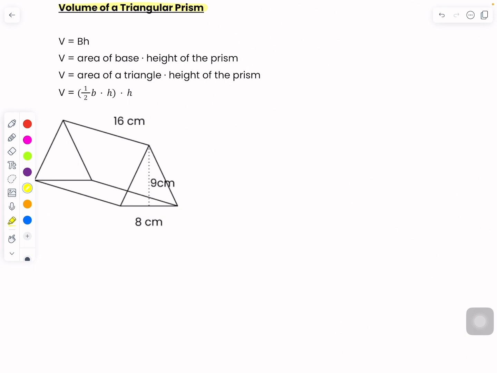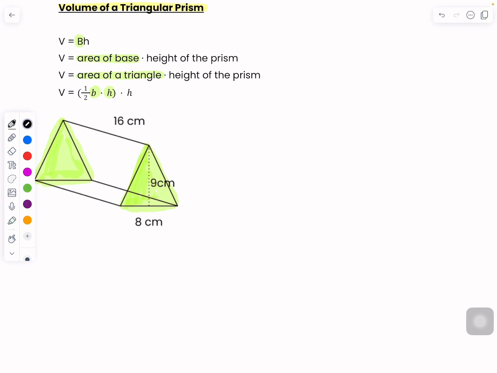Now, when looking at big B, we know that we're referring to the area of the base. And in this case, the base is a triangle. And we know this because we have two bases that are equal and opposite from one another. The formula for area of a triangle is 1/2 the base times the height.